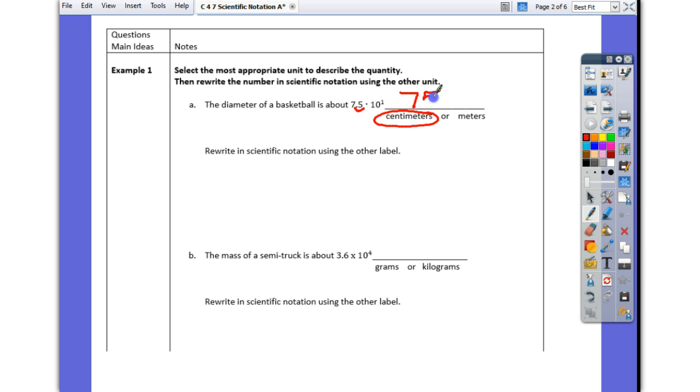So we have 75 centimeters, which is kind of an off problem. Looking at this, here's 75 centimeters, all the way to here. That's a big basketball.